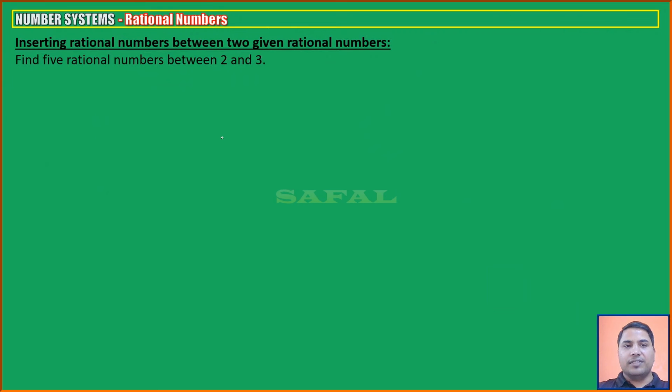So moving ahead, now inserting rational numbers between two given rational numbers. Find 5 rational numbers between 2 and 3. So very easily we can write. You see how many numbers you want to insert. I want to insert 5. So you increase that number by 1. 5 increased by 1 is 6.